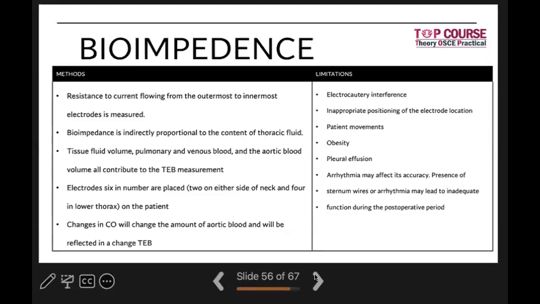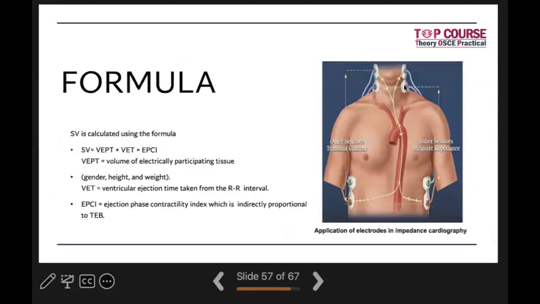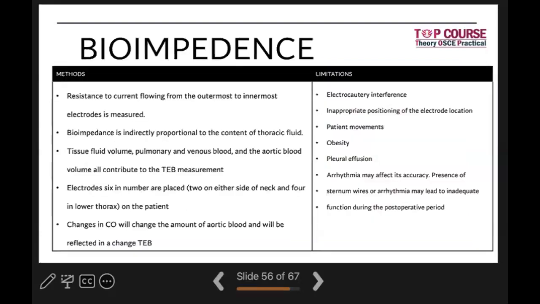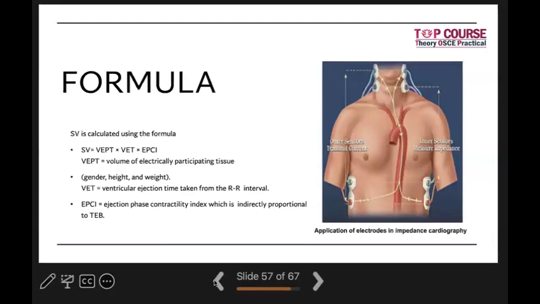You are going to keep 6 electrodes. 2 are placed on either side of the neck, and 2 are placed across the chest in the lower thorax. Changes in cardiac output are detected with the help of a formula, where it detects the resistance to the current flowing across the chest from one electrode to the other, mainly because of the blood flow volumes and the electrical current conduction across the blood flow volumes. It mainly measures the resistance.